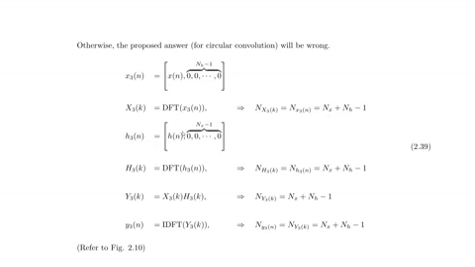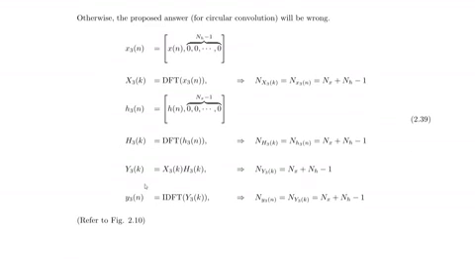And the same idea for h3, okay? And having H3 of k, capital Y3 of k will be the multiplication of X3 and H3. And in time domain, the inverse DFT will be y3 of n.